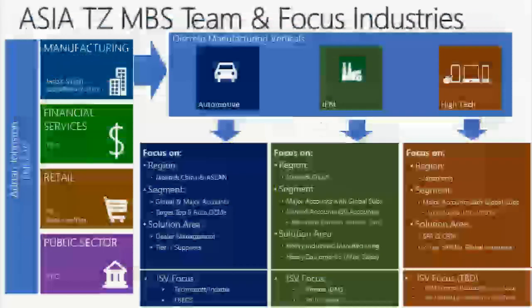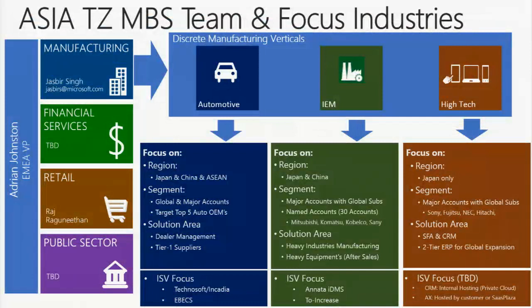Finally, I'm just going to talk about one more. Our counterpart from APAC, his name is Jasbir Singh. He wasn't able to make the trip. But in APAC also, we have a very similar kind of structure, as you saw. Adrian Johnston runs our APAC region, and their key industries are also manufacturing with Jasbir. Financial services is a lead they're working on, as they are with public sector.